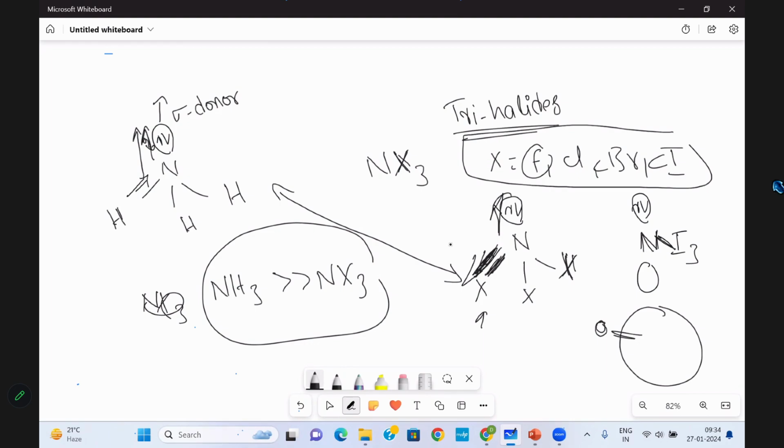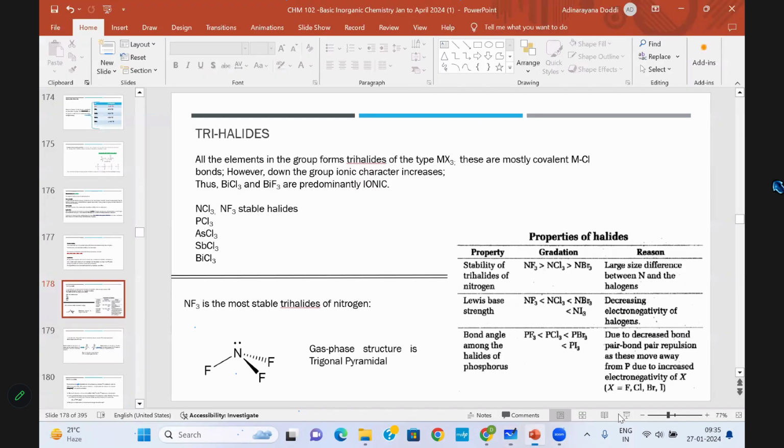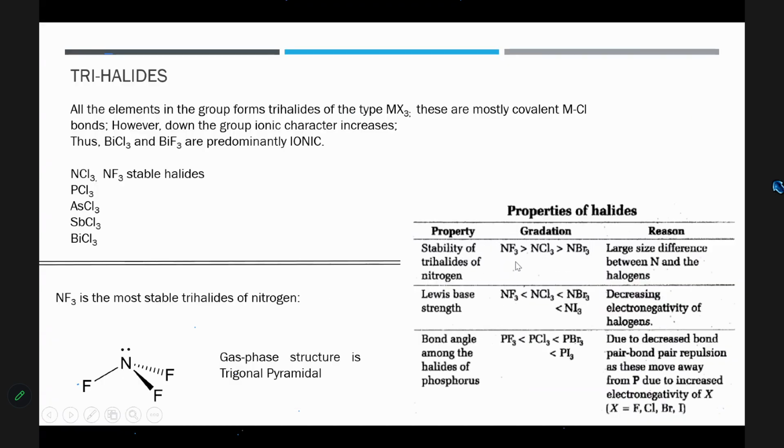Stability of the trihalides is also like this: NF3 is more stable, then NCl3 and NBr3. And Lewis basic strength, as you answered just now, NI3 is more Lewis basic because of the decreasing electronegativity of halogens. And bond angles in PF3, PBr3, PI3: the iodine atom is too big, so the bond angle increases a lot in PI3. PF3 has a well pyramidal geometry, but PI3 is more bulgy because the iodine atoms are too big.